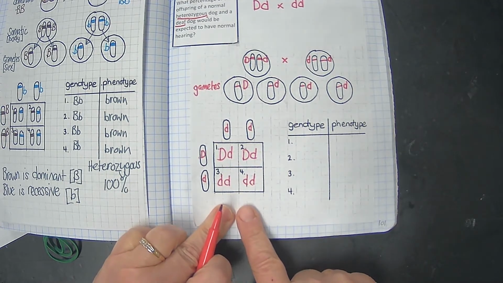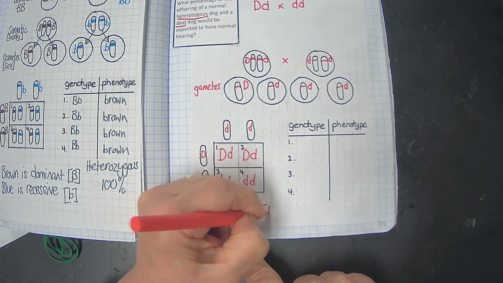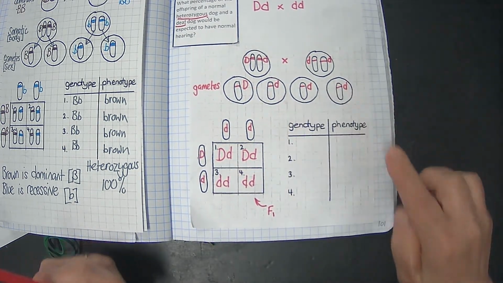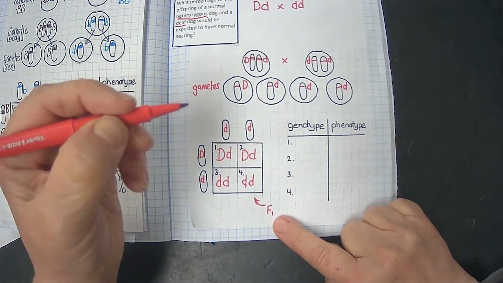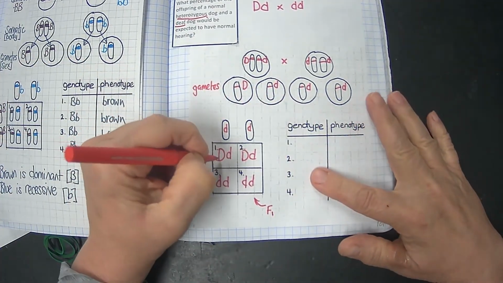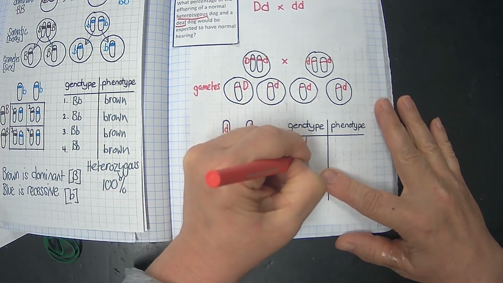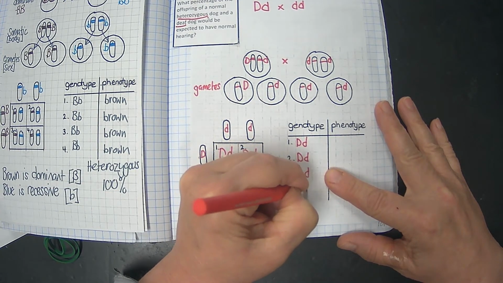So now I have the genotypes of what we call the F1 generation. Basically, it's the kids of these parents, sometimes called the first filial. It's just the first generation. So I got big D, little d, big D, little d, little d, little d, little d, little d.